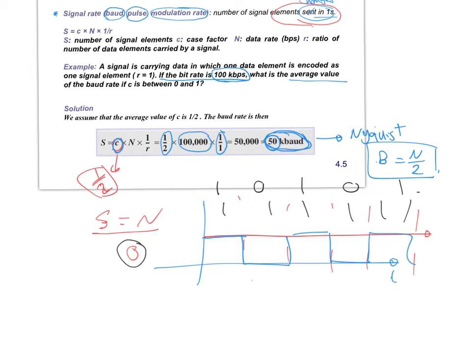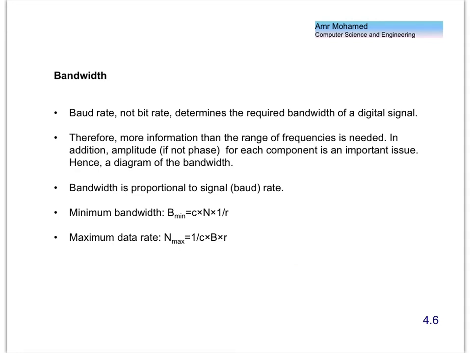So if we have a specific data rate, the minimum bandwidth that we need to represent this data rate is half the data rate. So this is based on the Nyquist theory. In that case, the minimum bandwidth is actually the signal rate, which is S.